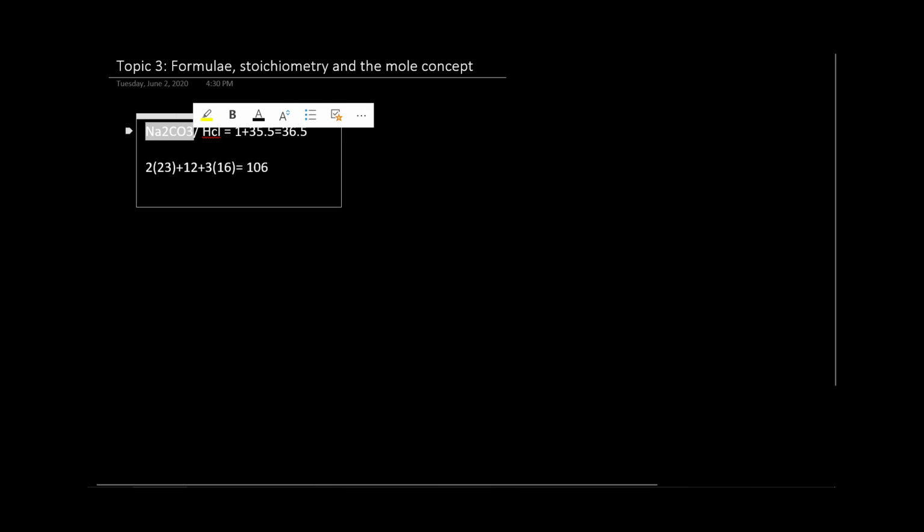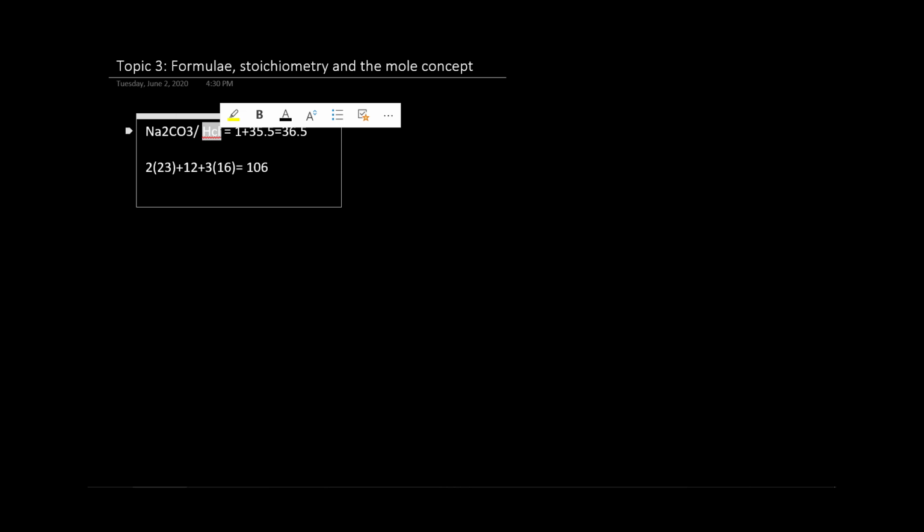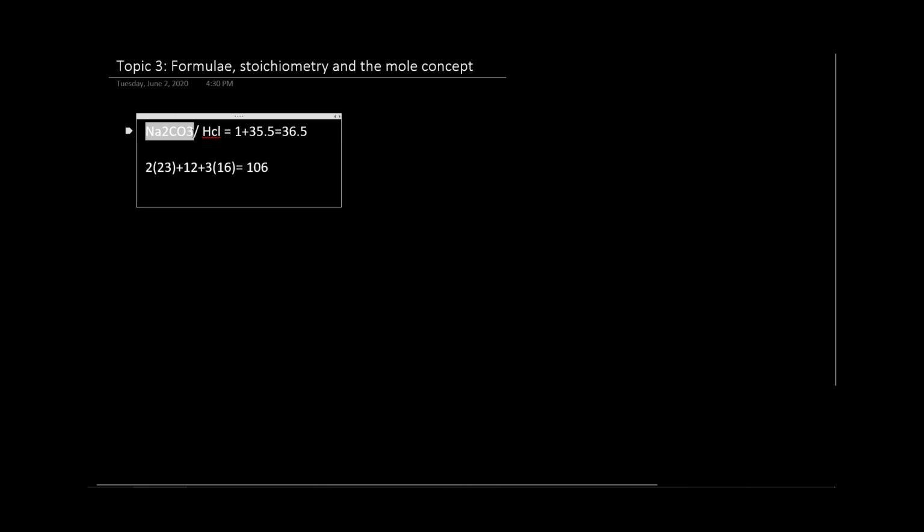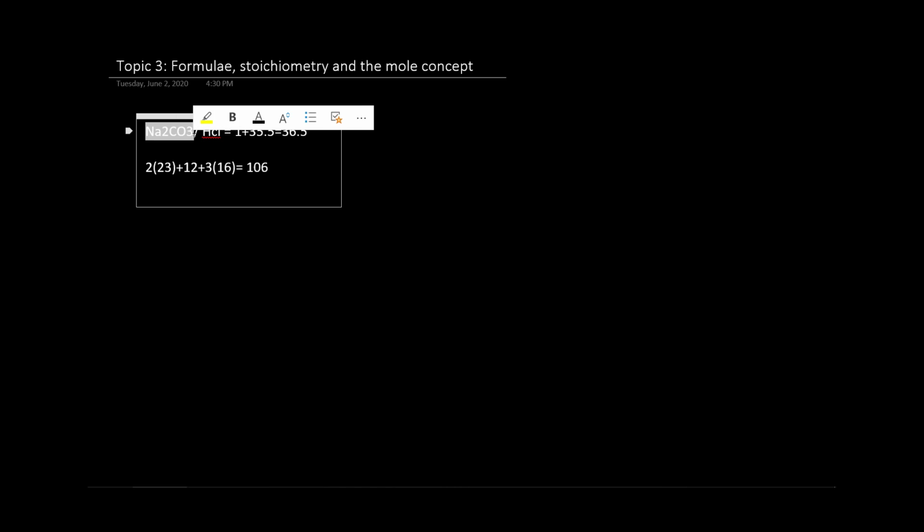This is in no way a molecule, right? But here HCl is a molecule, since it's a covalent compound. But Na2CO3 isn't a covalent compound, which means you can't call this a relative molecular mass, since ionic compounds never exist as molecules, right?